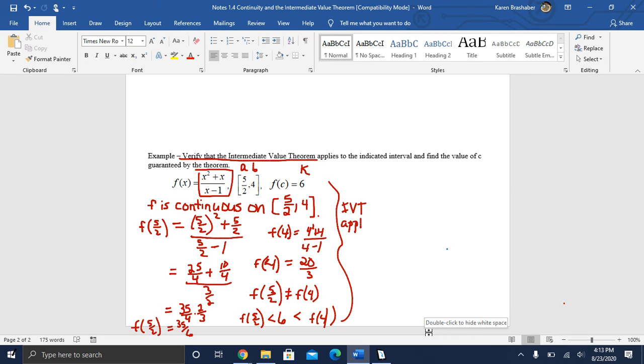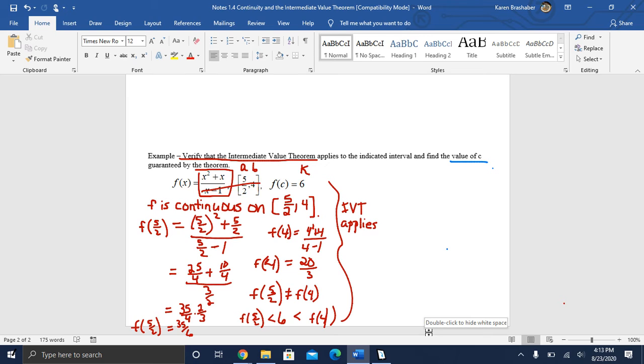So that in no way lets you off the hook because you have not finished the problem. Finishing the problem is for you to find the value of C in the interval that's guaranteed by the theorem.